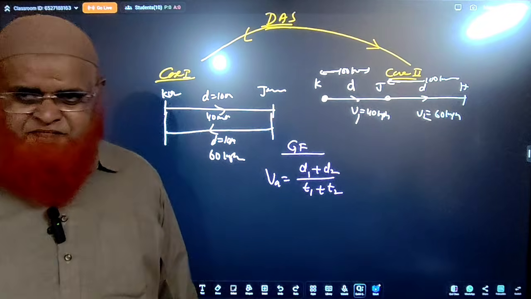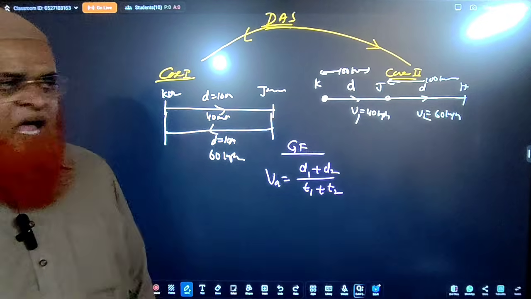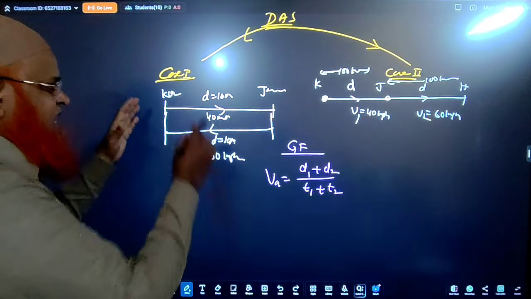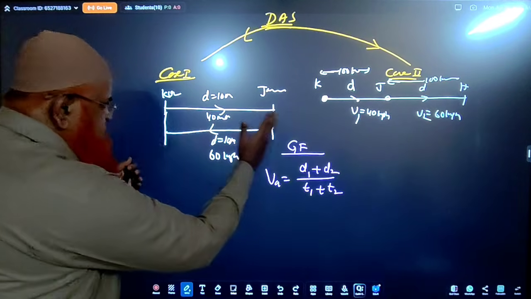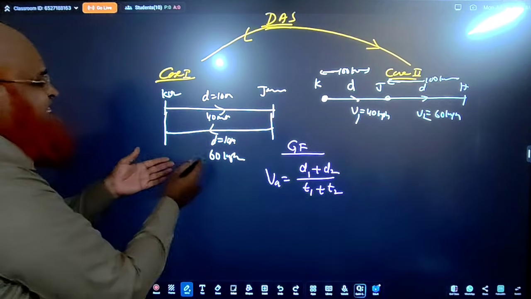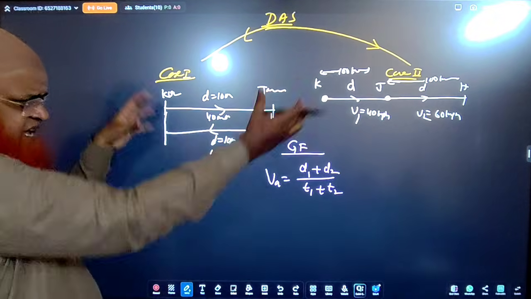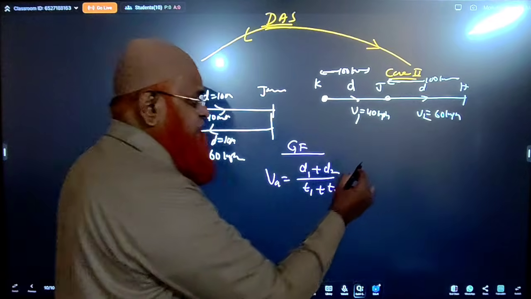So you have to replace this time. Again, it says that a bus has traveled from Kurnool to Jadcherla 100 kilometers with a speed of 40 kilometers per hour and returned from Jadcherla to Kurnool again at 60 kilometers per hour. Here also the time is not given. For both the cases, the same formula. As there is no time given here, you have to replace it.